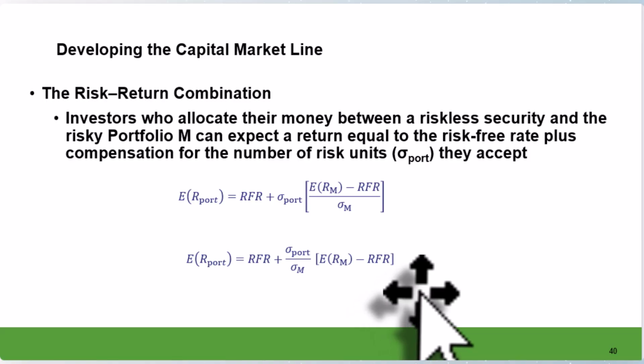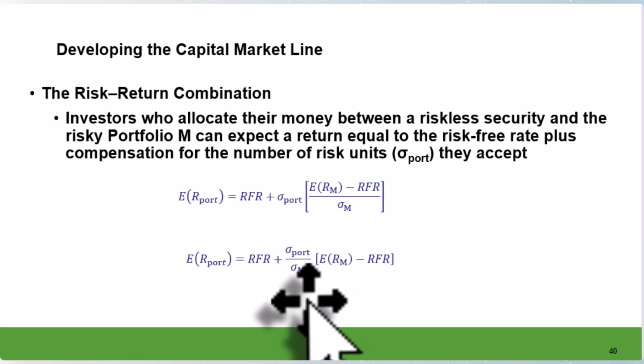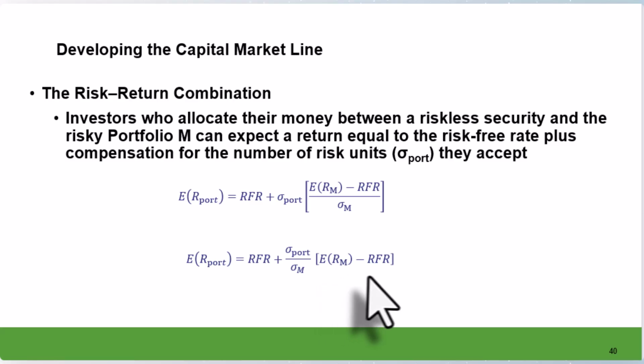With a little bit of algebra, we end up with the standard deviation of the portfolio divided by the standard deviation of the market times the market risk premium. This relationship holds for every combination of the risk-free asset with any collection of risky assets. However, when the risky portfolio is the market portfolio, this linear relationship, this formula, is what we refer to as the capital market line.